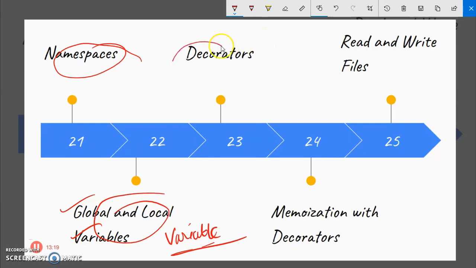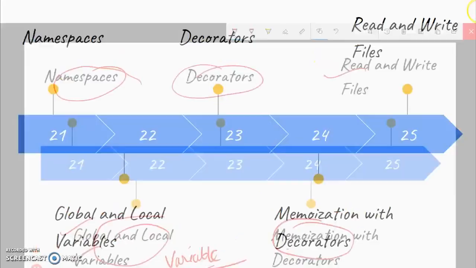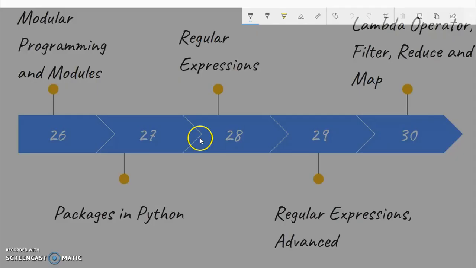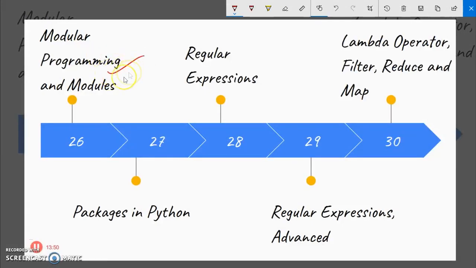Then you will learn about decorators, and then memoization of decorators, then reading and writing files. Then after all this you will learn about modular programming, then packages in Python.